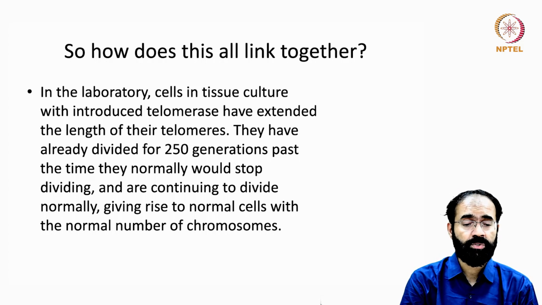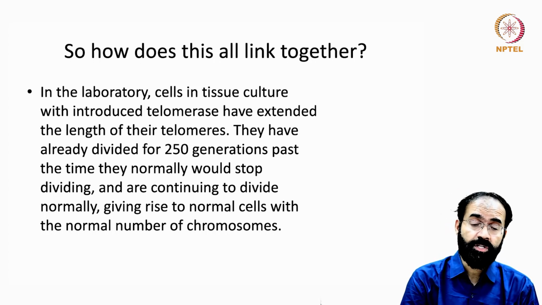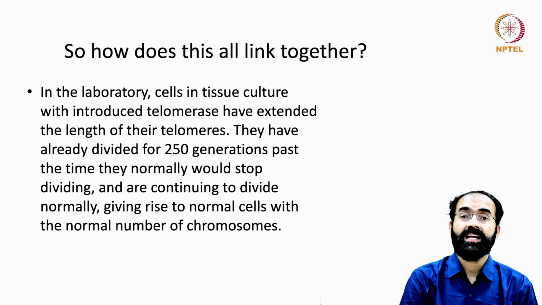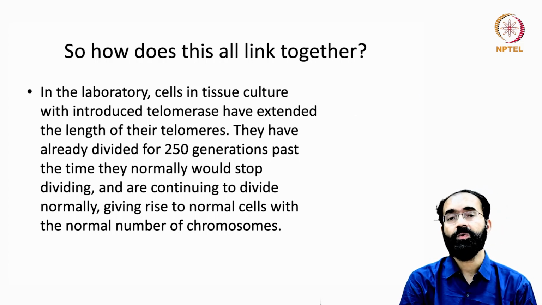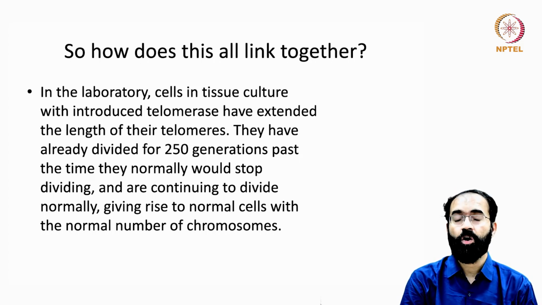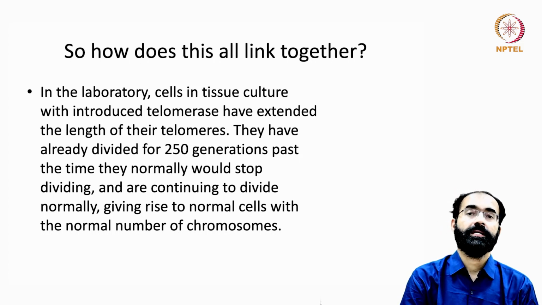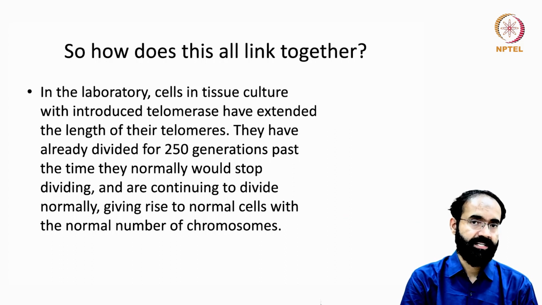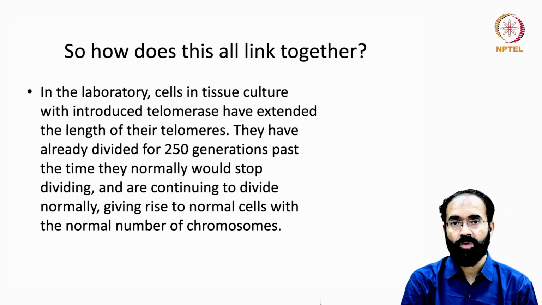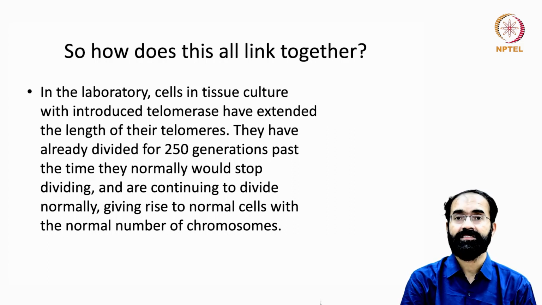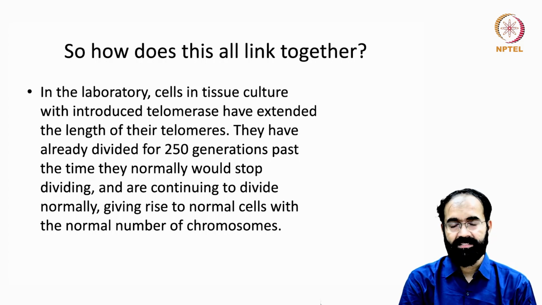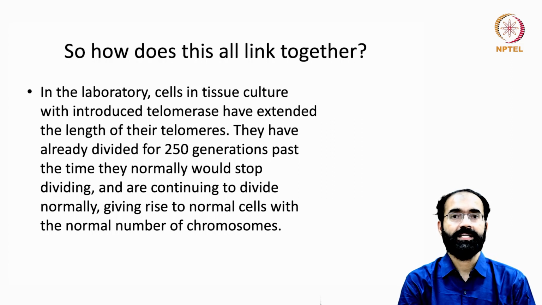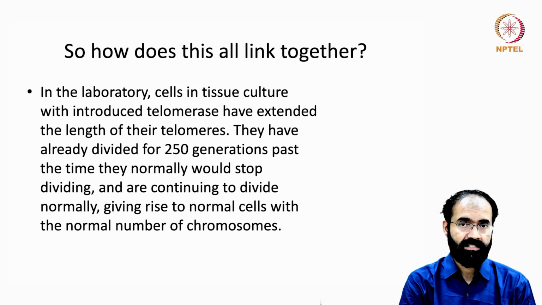So they can continue to divide and are continuing to divide normally, giving rise to normal cells with a normal number of chromosomes. So if you activate telomerase in a normal cell, you can culture them indefinitely in a petri dish without having any phenotypes of cancer. So telomerase does not cause cancer, but telomerase is a utilized advantage or feature in cancerous tissue, because that is a requirement. It's an added advantage the cancer cells have.